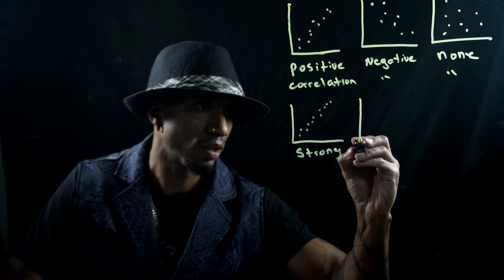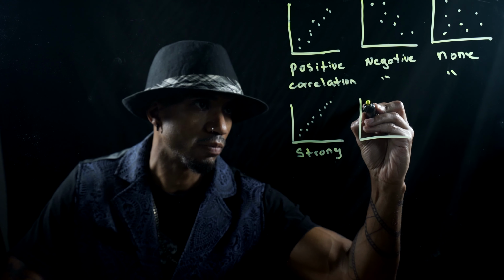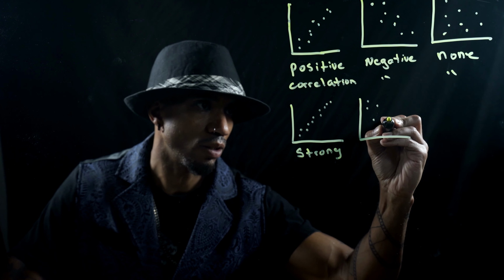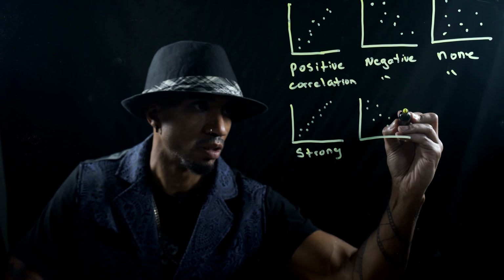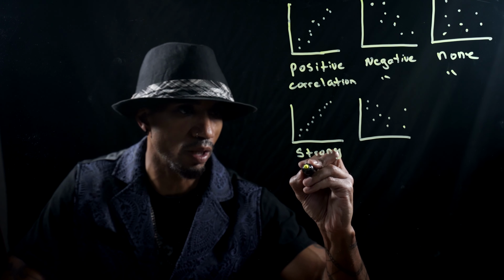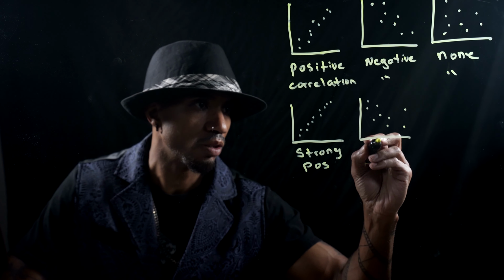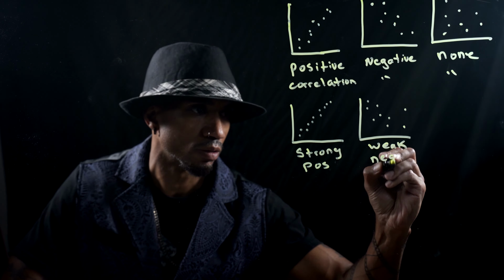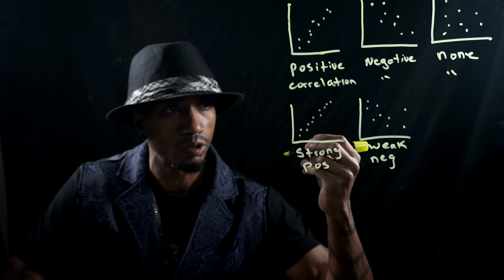Opposed to if we have dots that are further out, but still negative, right? So this is a strong positive, and this would be a weak negative. Okay, if you get the point we're trying to say.